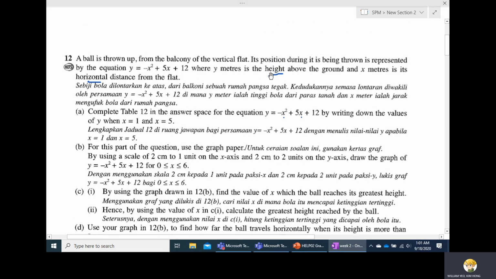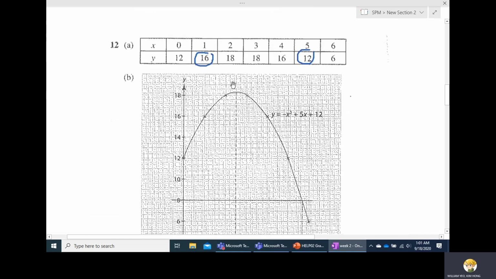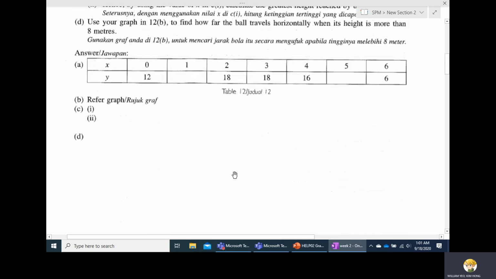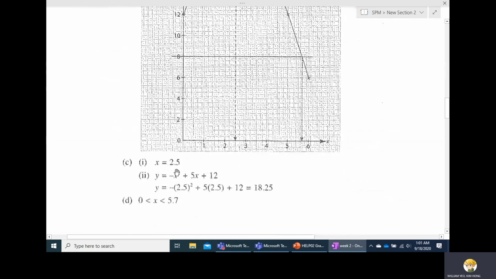Height is y. So you want the y to be the highest. Refer to the graph. Which point here is y highest? It's quite obvious, right? Here. Then you go down and read this point. This is 2.5, right? Yeah.